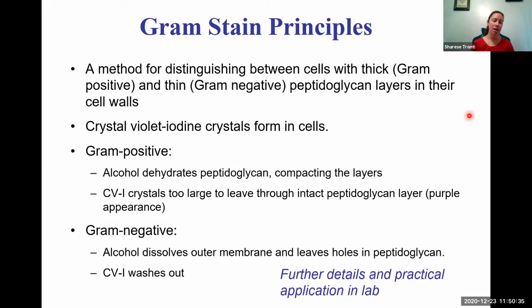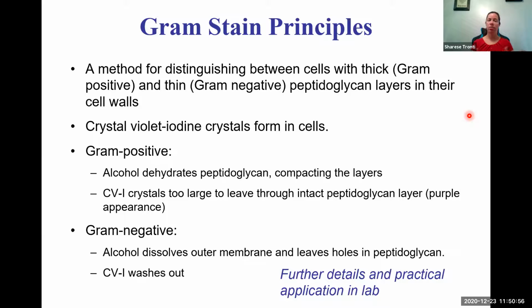In a gram-positive cell, so first, the third step is adding alcohol. Okay, in a gram-positive cell, that alcohol is going to dehydrate the peptidoglycan. So remember, gram-positive has a very thick layer of peptidoglycan, lots of different layers.